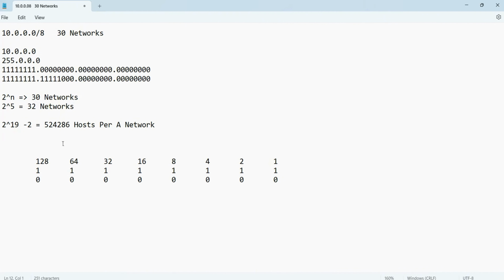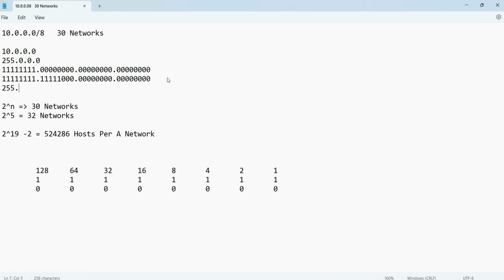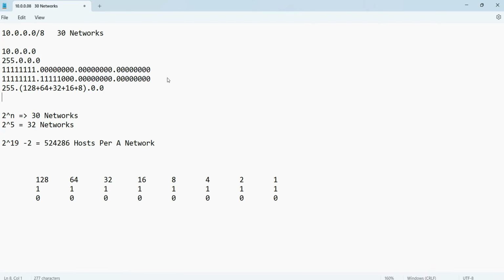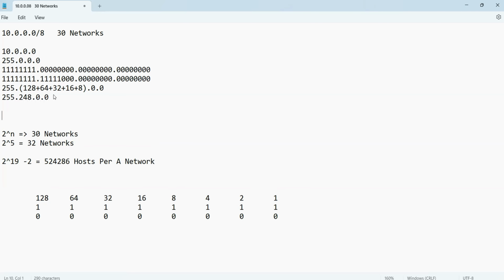What is the value of the last bit that I borrowed from the second octet? It's an actual 8. So this one is 255 dot 128, 64, 32, 16 plus 8 dot 0.0. So it's really 255 dot what? 128 and 64 is 192, 224, 240, 248 dot 0.0. So what does that mean?